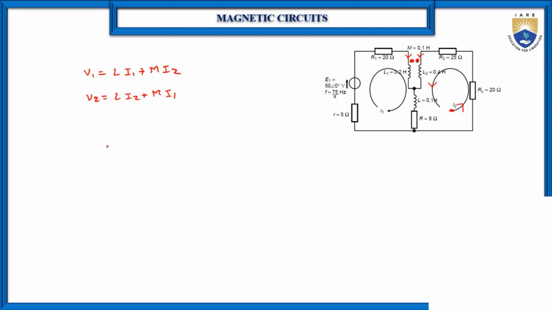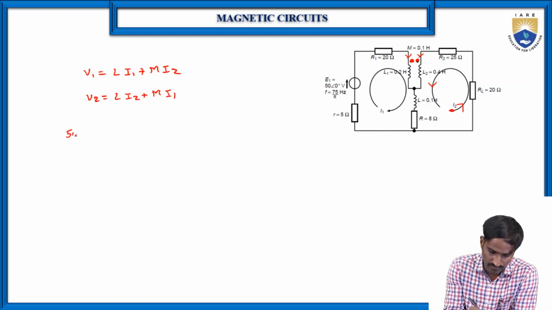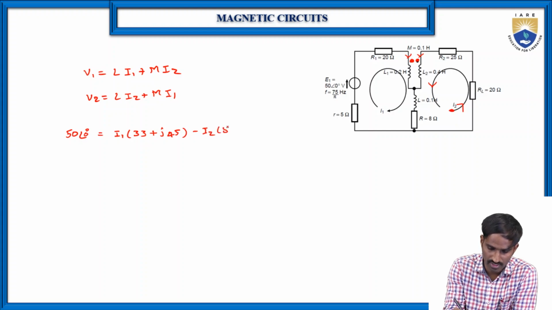the first equation: 50 at an angle of 0 degrees is equal to I1 into 33 plus j45, minus I2 into 8.